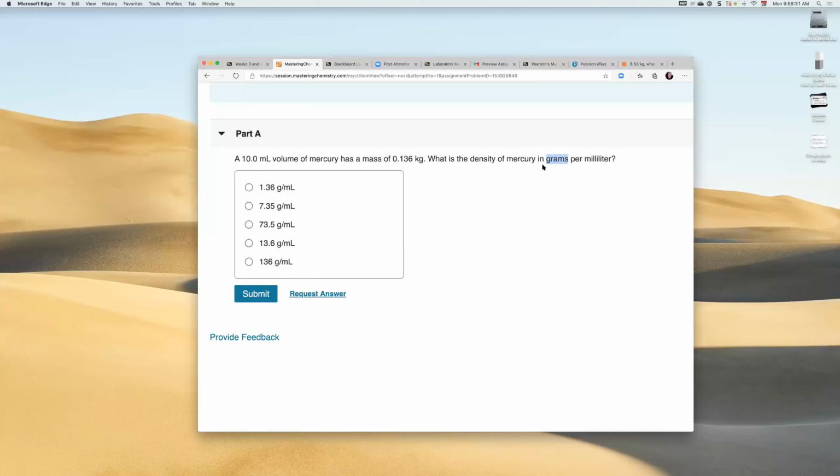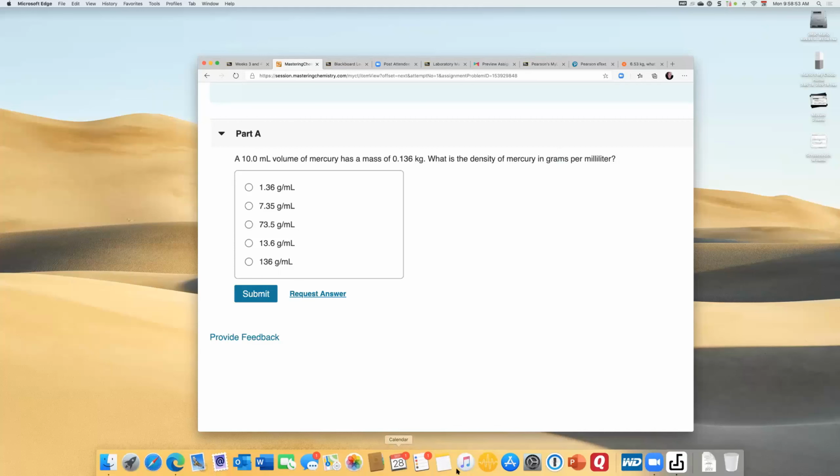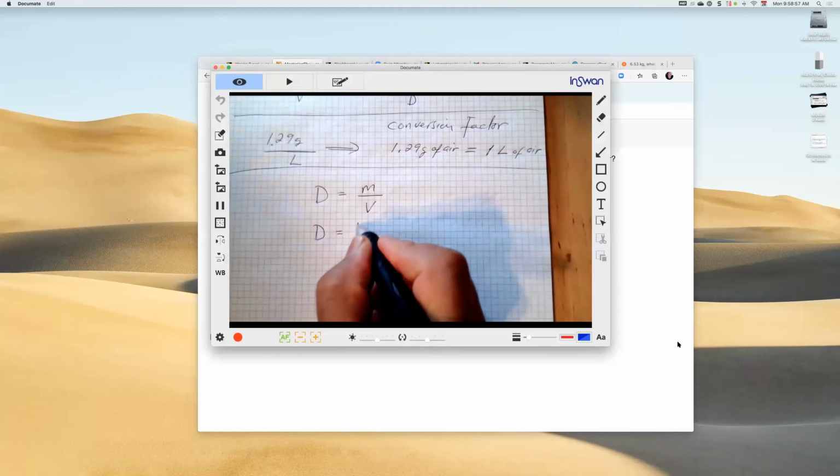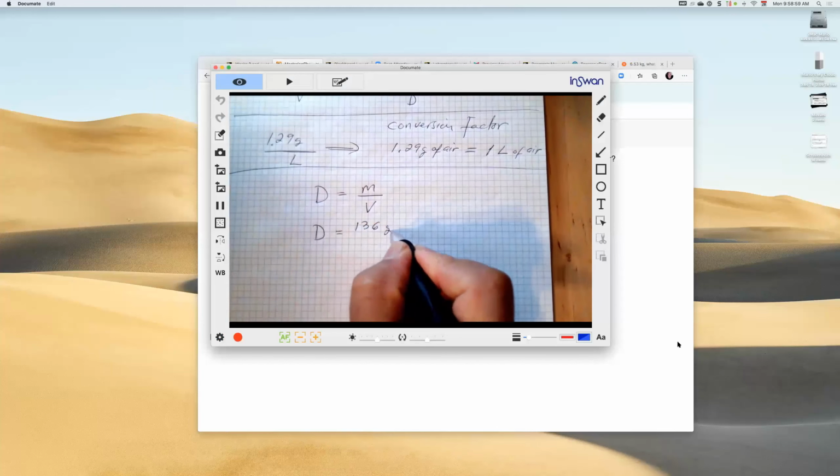So we have two choices. Either we take the time to convert kilograms to grams the way we did at the beginning of today's meeting, or we simply realize that by multiplying this by 1,000, we get the grams. I'm just going to do that, multiply this by 1,000 in my head, and write down that as the mass in the formula. So we have 136 grams of mercury.